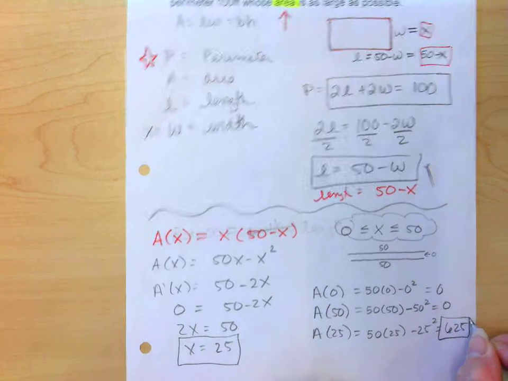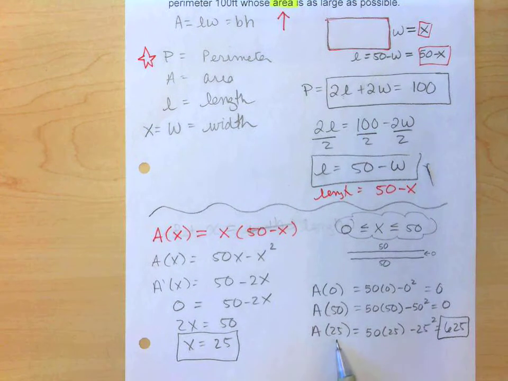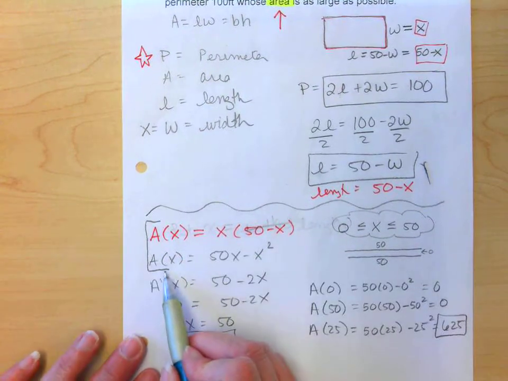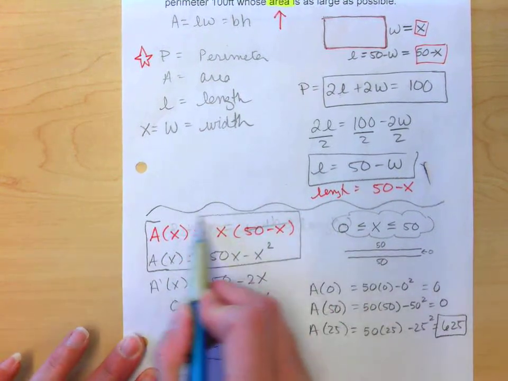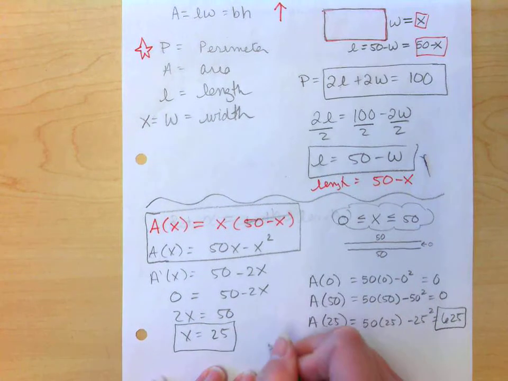And notice that I'm to evaluate the function at each of the critical numbers and at the endpoints. I'm going back to the equation, the original function. You could use either form of that function, but we need to use that original function, not the derivative.